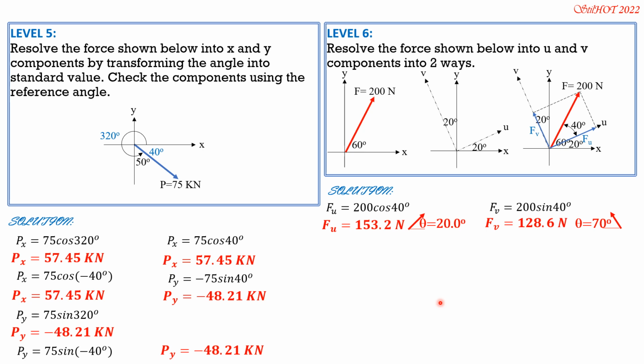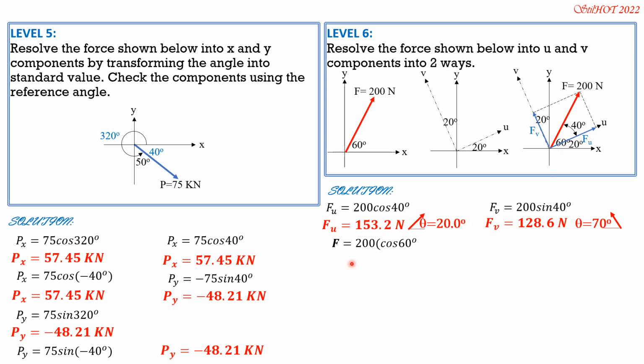Then for the vector approach, F is the magnitude of the force in vector form, quantity cosine of 60, because it forms an angle of 60 in standard position, i plus sine 60 degrees j.